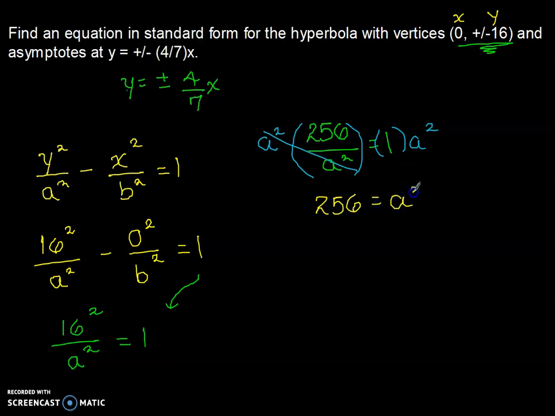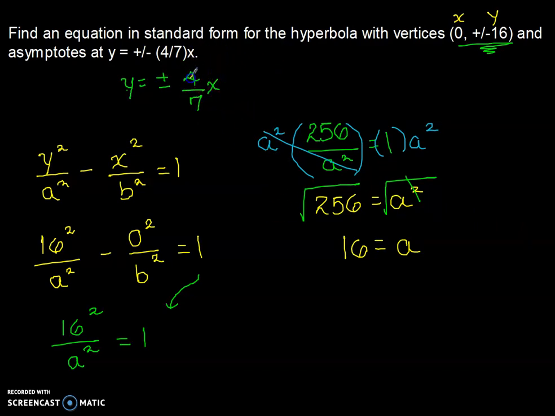And to get a by itself, I get rid of the square by square rooting. And keep in mind the positive and negative is already compensated for, so I'm not going to write that down, but I know that a is equal to 16. So with that stated, I know again that there's a relationship between this equation and a and b.